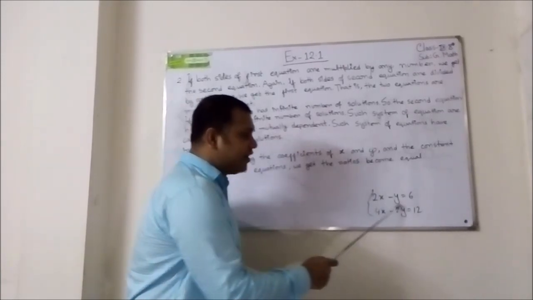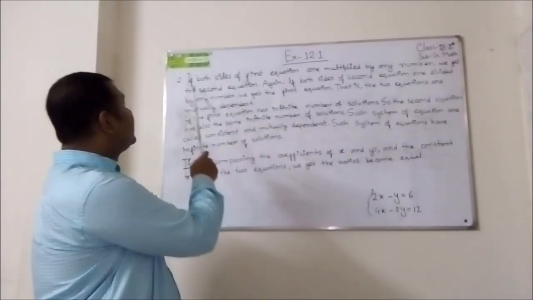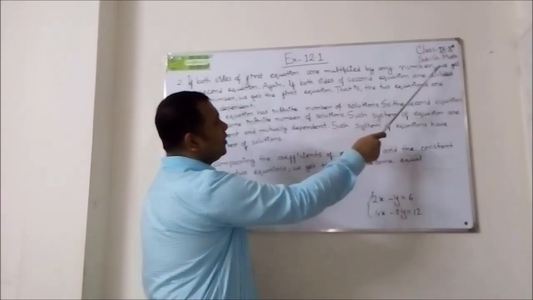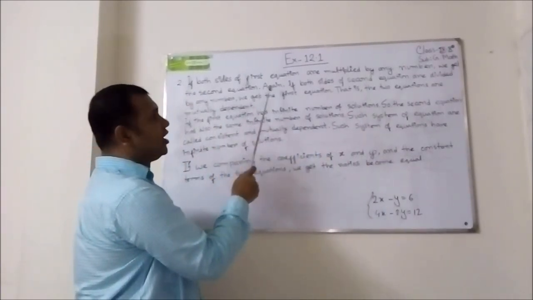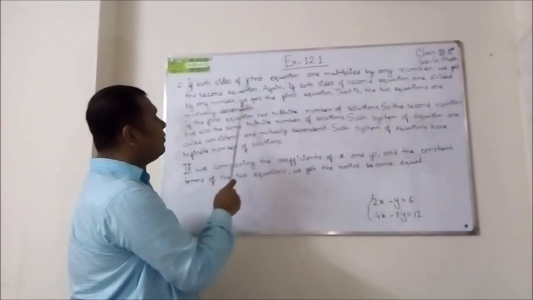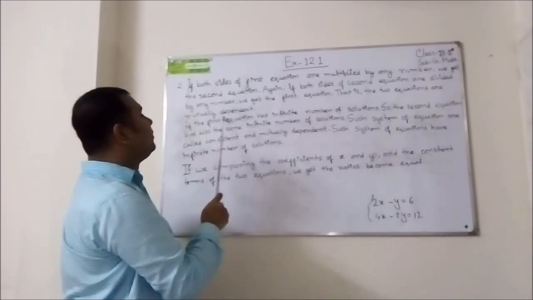Similarly, if we divide the second equation, we will get the first equation. So if both sides of the first equation are multiplied by any number, we get the second equation, and if both sides of the second equation are divided by any number, we get the first equation. That is, the two equations are mutually dependent.